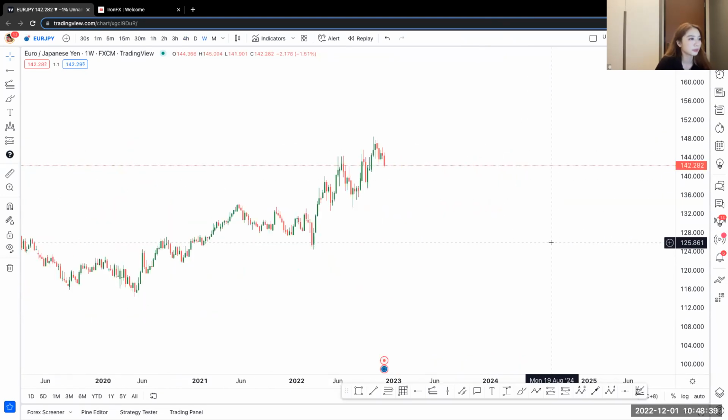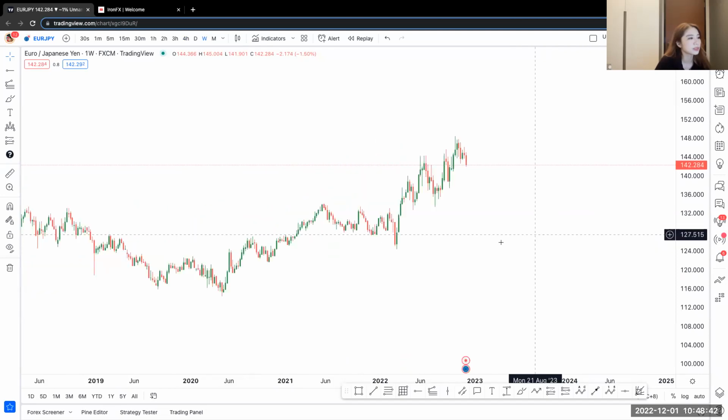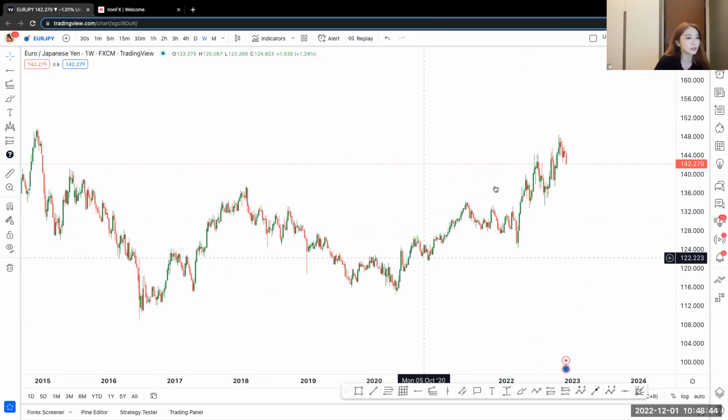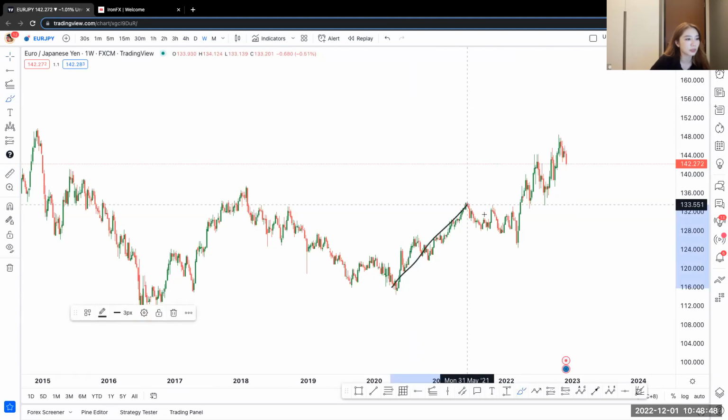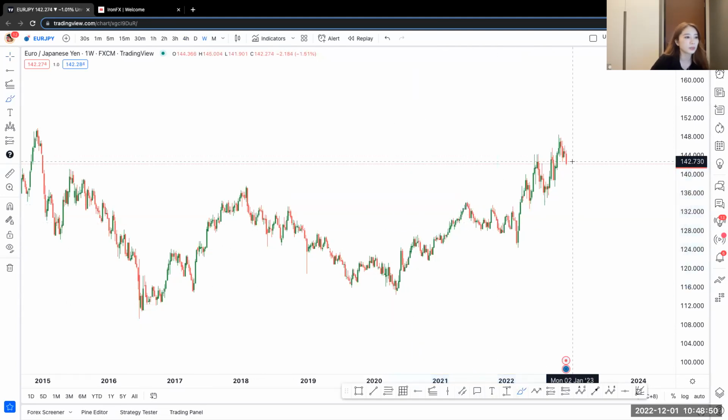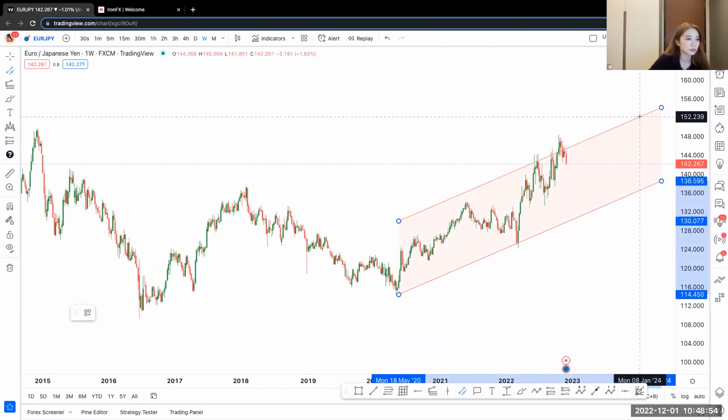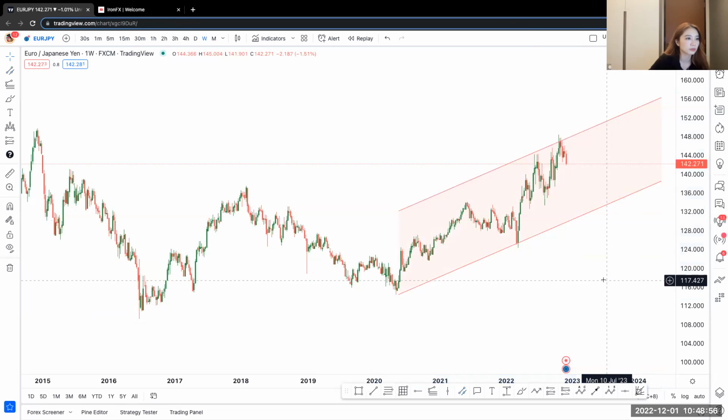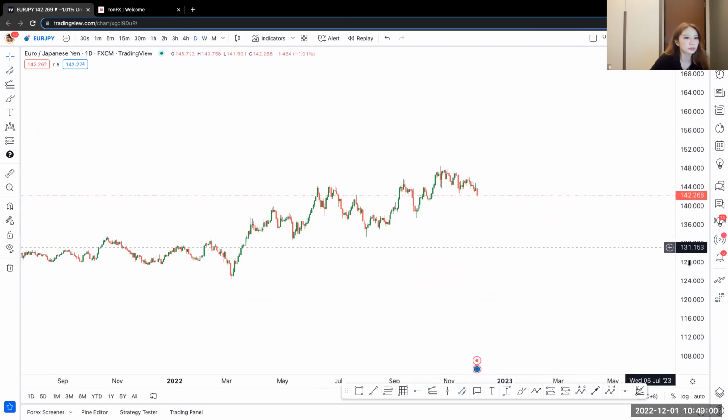JPY. Seems like an upward movement. However, there is a bit of a stagger. Looking at this way, but an overall upward movement. All right, let's look at daily.